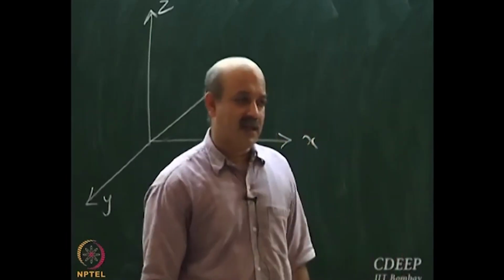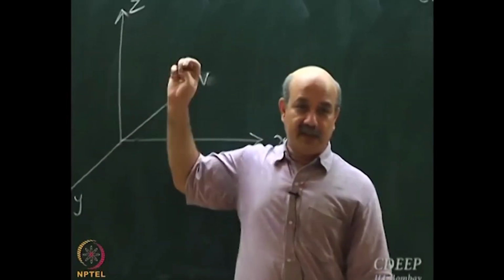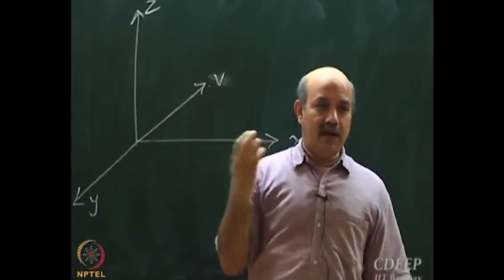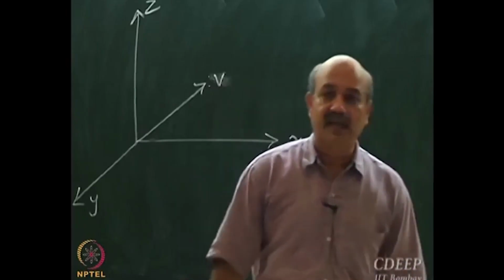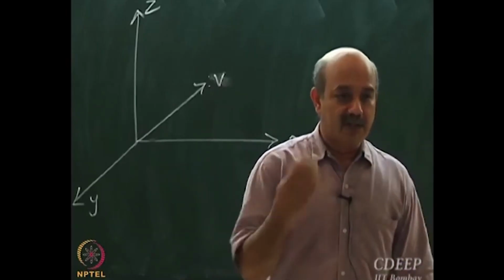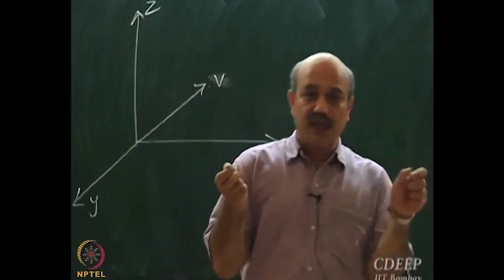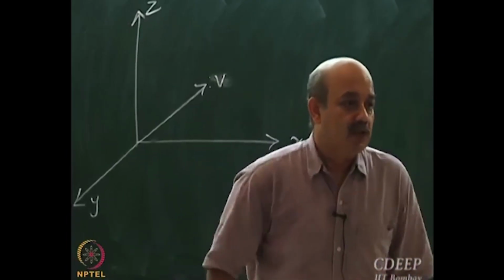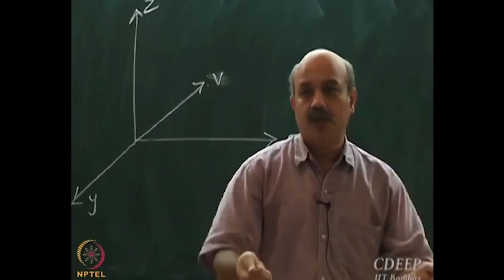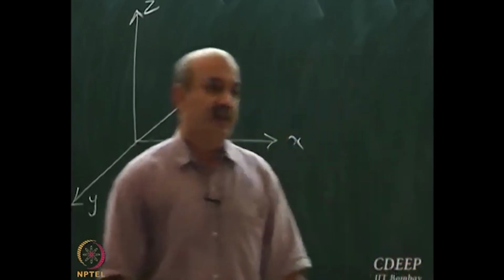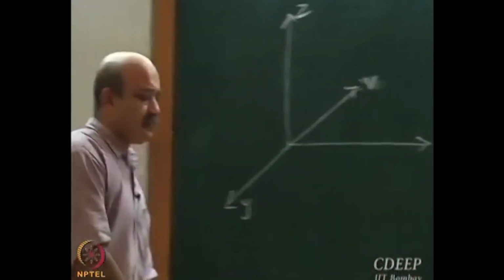You can add two vectors and get a vector. The nice thing is that you get a vector in the same space, and you can multiply a vector by a scalar and you get another vector in the same space. So these are the two generic properties of any two vectors in the space, and I could use this to define a generalized notion of a vector space.